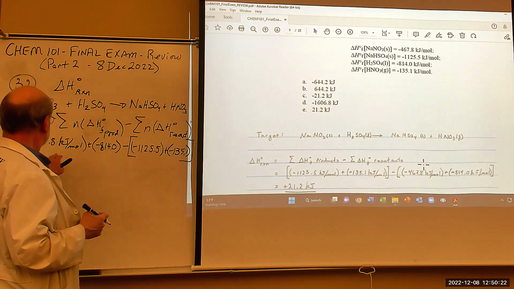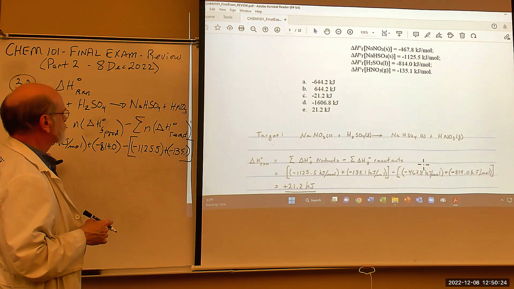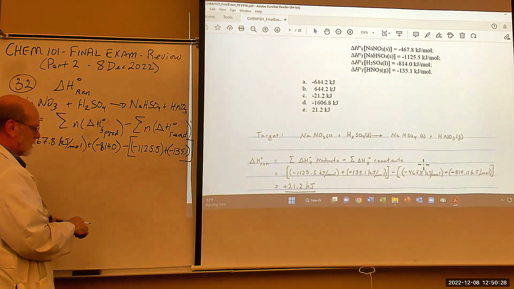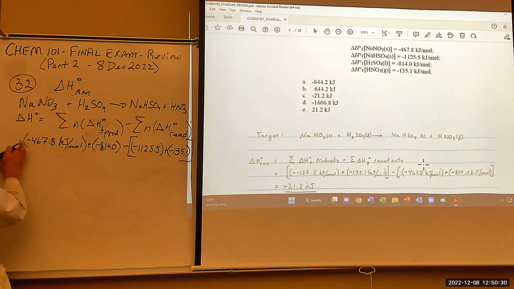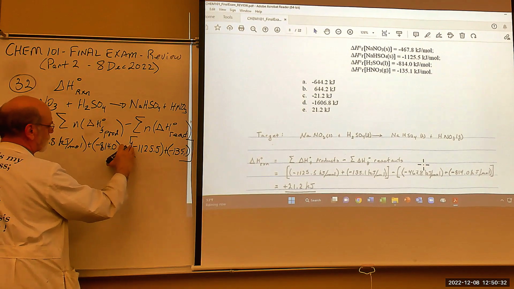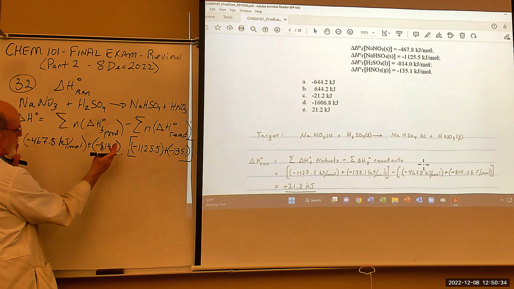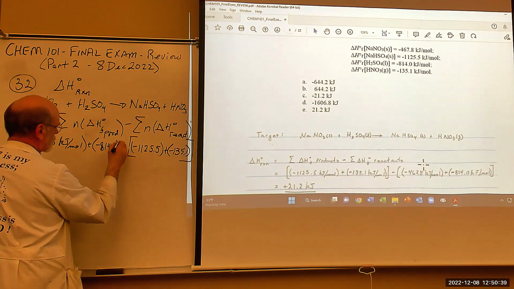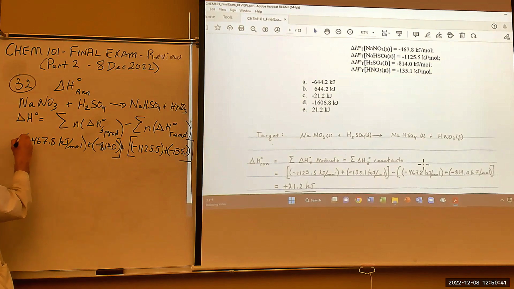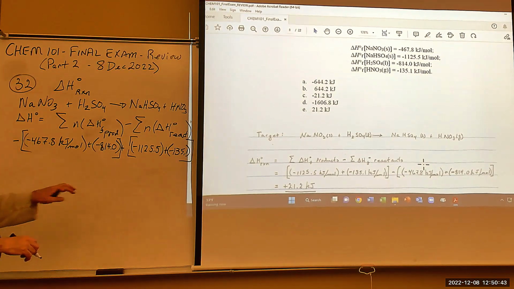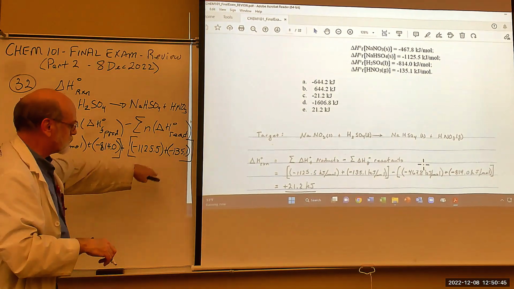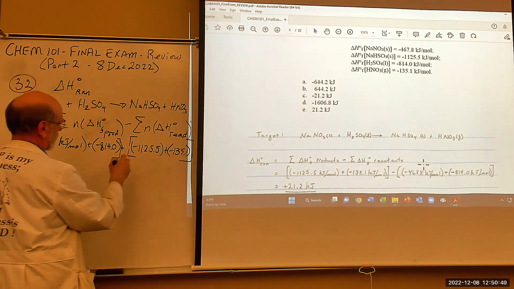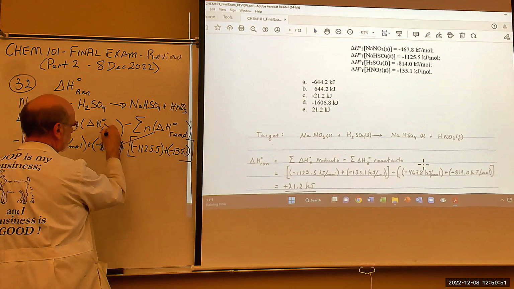Okay, products. NaHSO4. I did get it backwards. My apologies. These are the reactants. So what we're going to do is just change the sign like that. So we'll take these and subtract these. All right, so this is that group and this is that group.